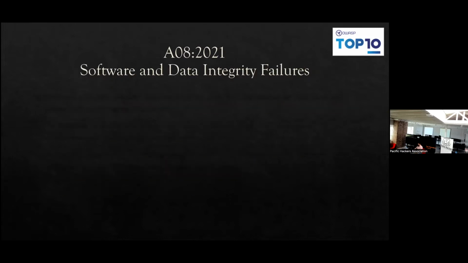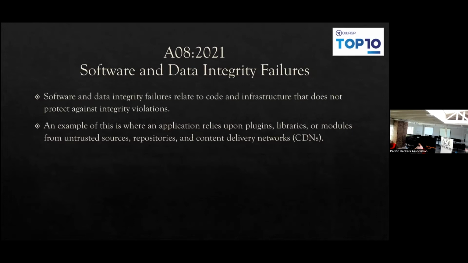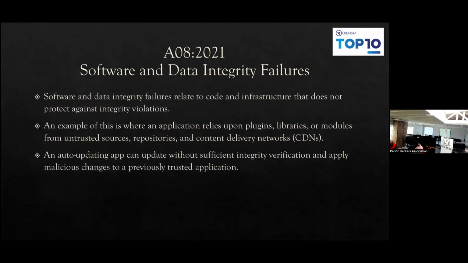Second to last, or eighth, software and data integrity failures. Basically code and infrastructure that doesn't protect against integrity violations, where an application relies on plugins, libraries, or modules from untrusted sources, repositories, and content delivery networks. An example, which I brought up slightly before: an auto-updating app can update without sufficient integrity verification and apply malicious changes to a previously trusted application.